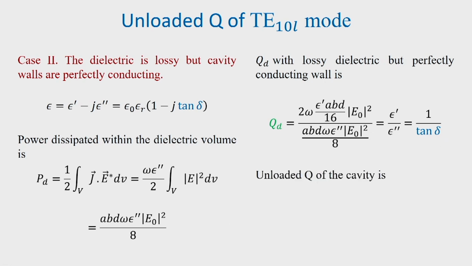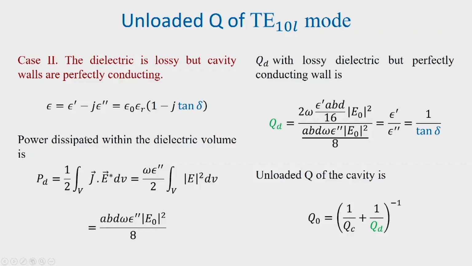So, we have seen two cases: when the dielectric is lossless, but the waveguide walls are lossy, and in the second case when the waveguide walls are perfectly conducting, but the dielectric is slightly lossy.